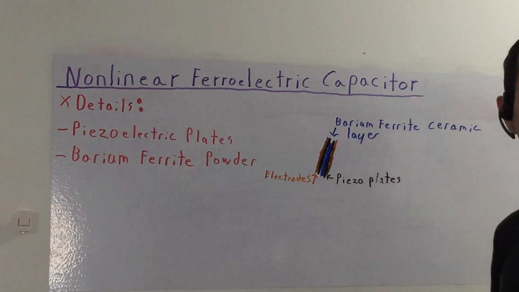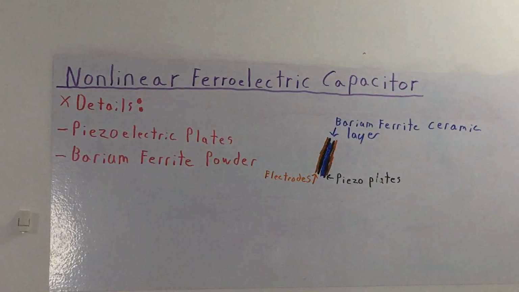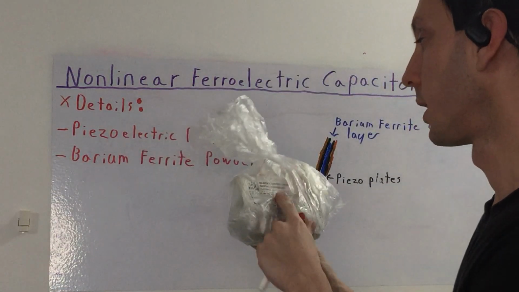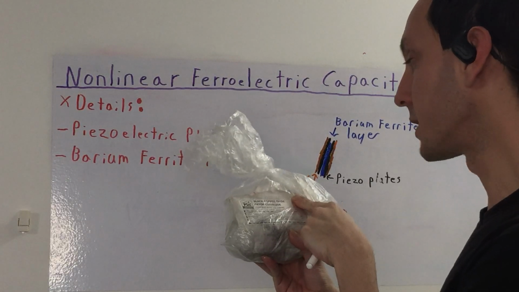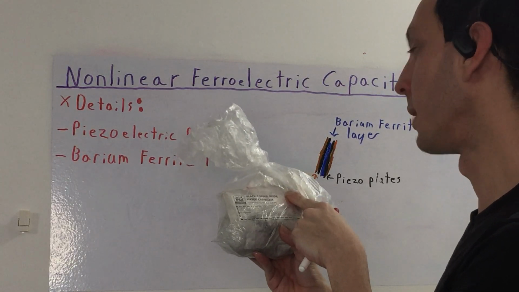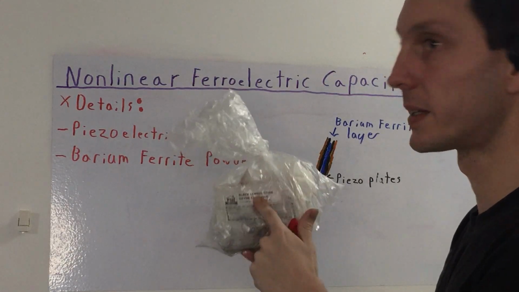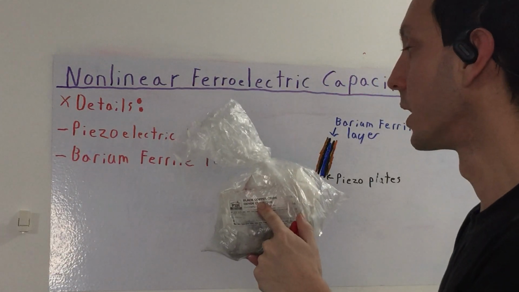Right now, the parts, actually what I do have is right over here. I ended up getting one of the powders for the mix. This is, I didn't specify it, but I was going to use this for my electrodes, which is copper oxide. Also has semiconductive properties.